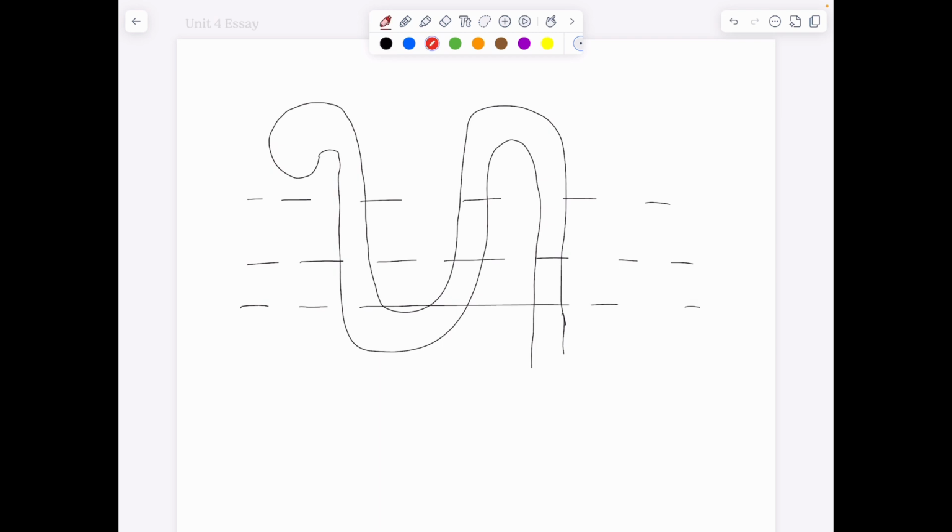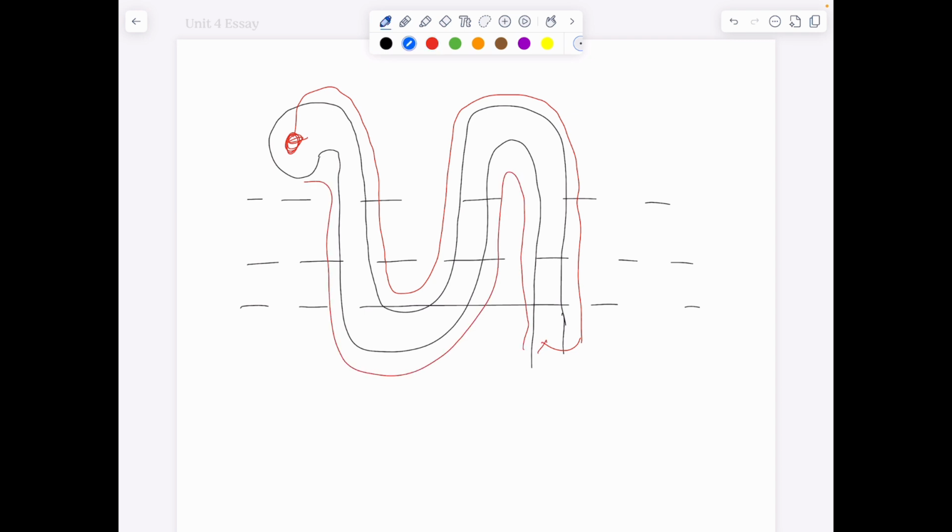And so we're going to have our blood that goes around and then goes back up. And we have our water. So now we'll talk about the different concentrations here.